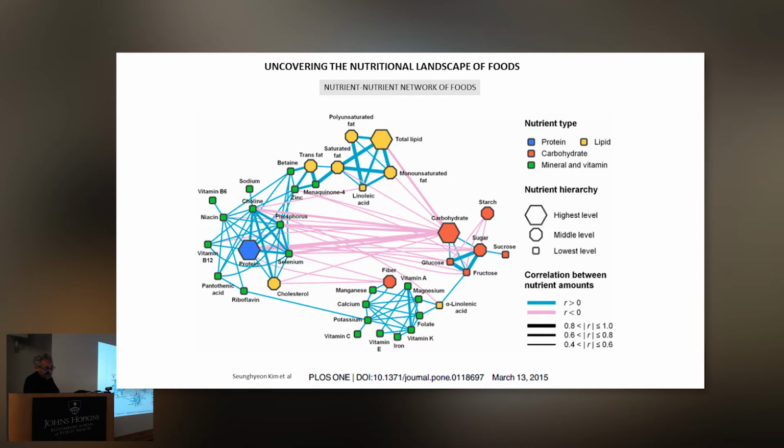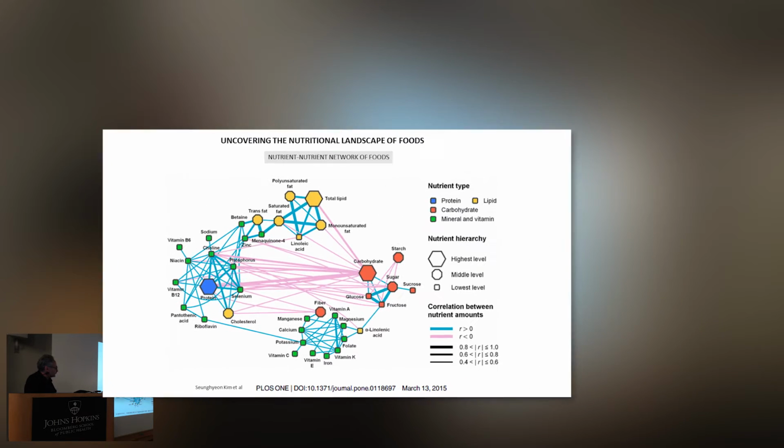Some foods tend to, nutrients tend to occur together in foods, such as vitamin A and vitamin K, for example. And you can find all kinds of other relationships like this that help you to define how foods could be put together in a way that you can achieve the desired nutrients, depending on the health outcomes that you want to achieve.